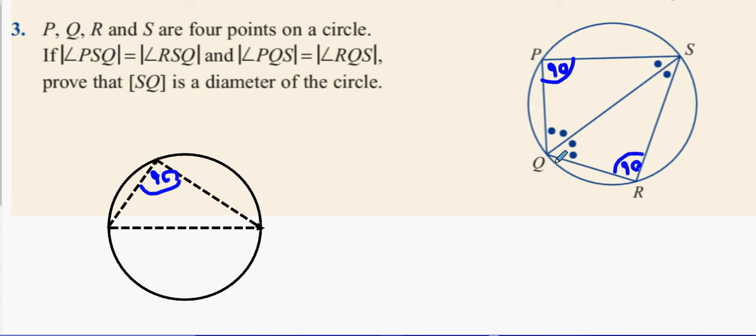If I can prove they're 90 degrees, then it'll be the angle in a semicircle, and that means QS will be the diameter. So my goal is to prove that angle QPS equals angle QRS, and that both of them equal 90 degrees.